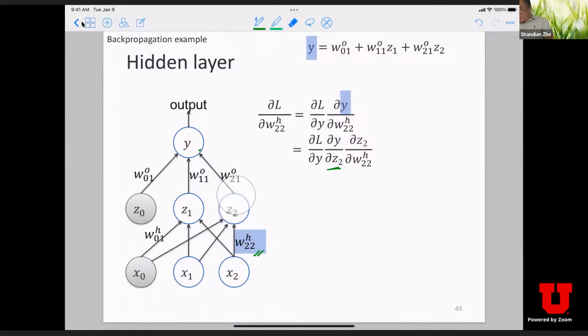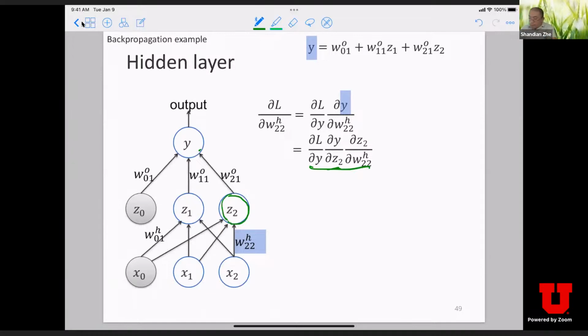So let us map this to the graphical illustration of the chain rule we have just discussed. We know that W22H only relates to Z2.